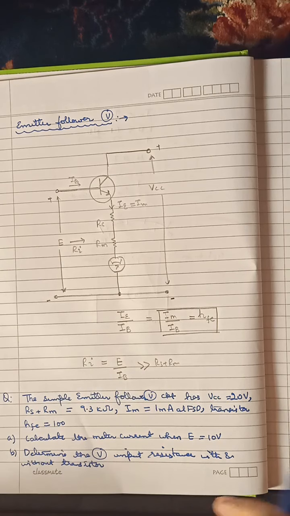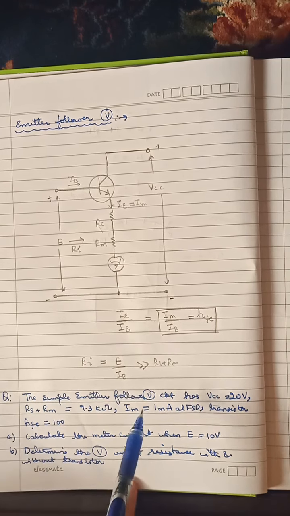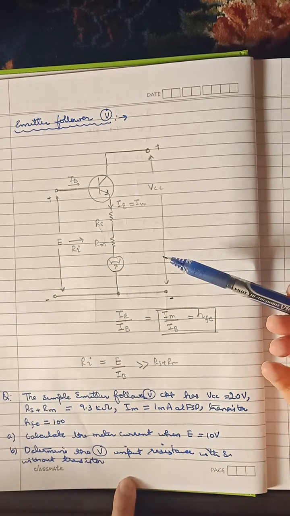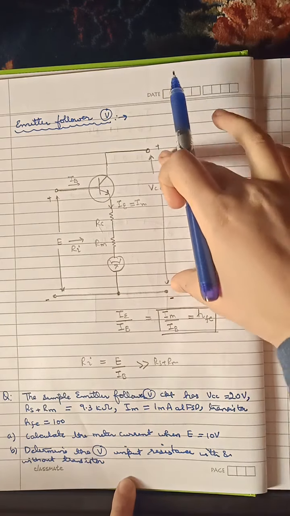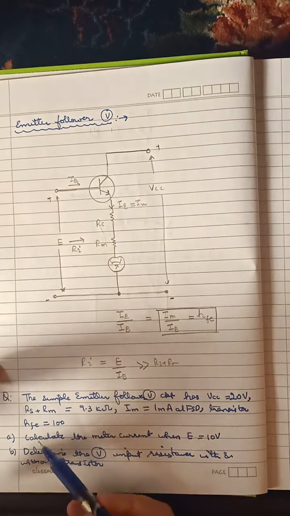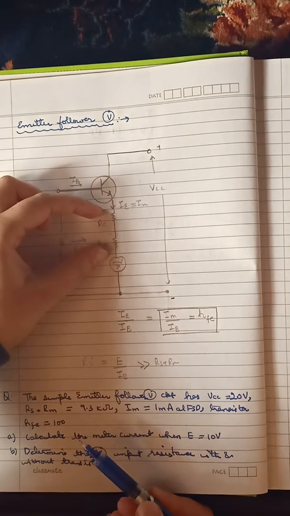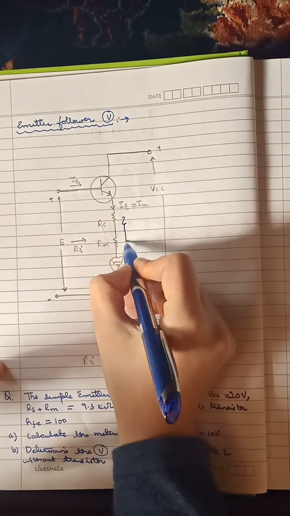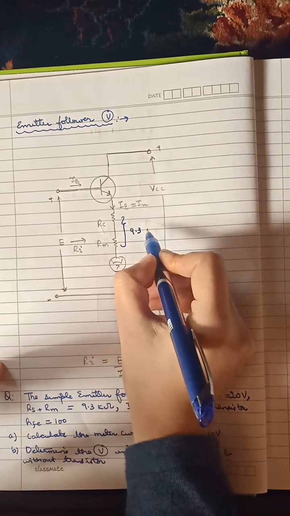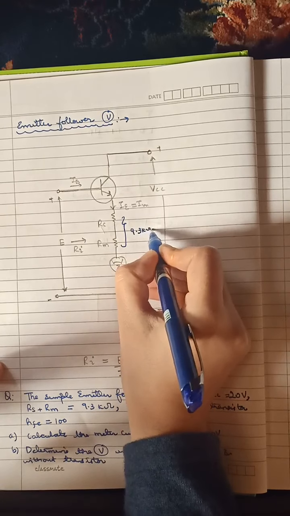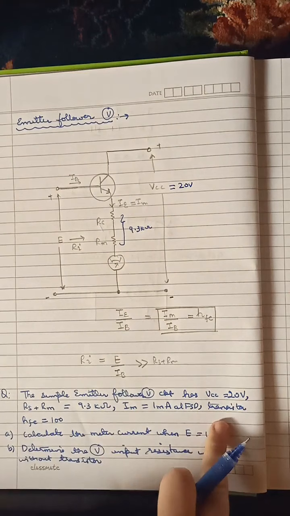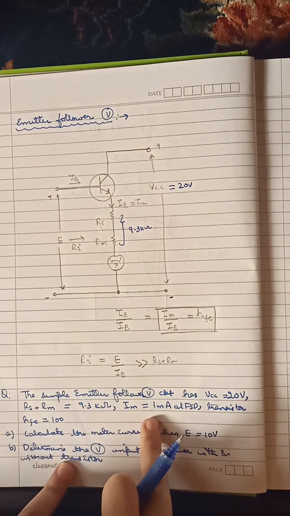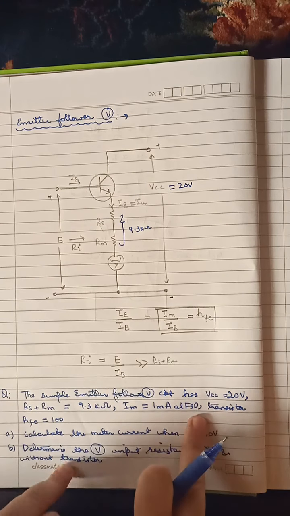So the question says that in a simple emitter follower voltmeter circuit, given above, VCC is equal to 20 volts. RS plus RM, that is this part, is equivalent to 9.3 kilo ohms. IM is equal to 1 milliampere at full scale deflection.